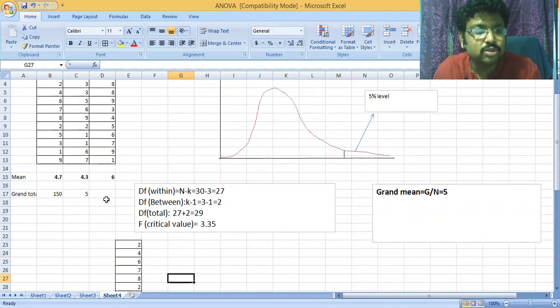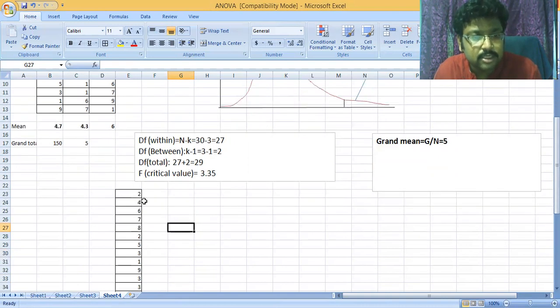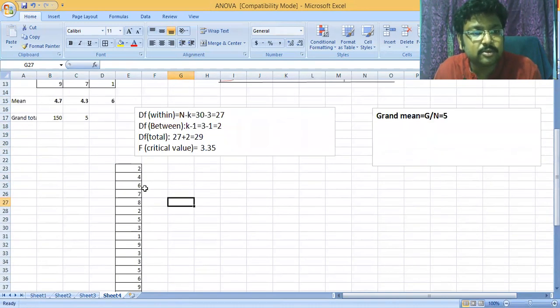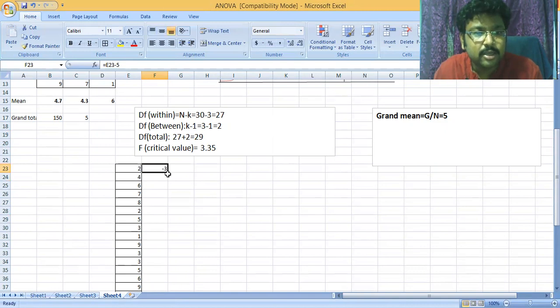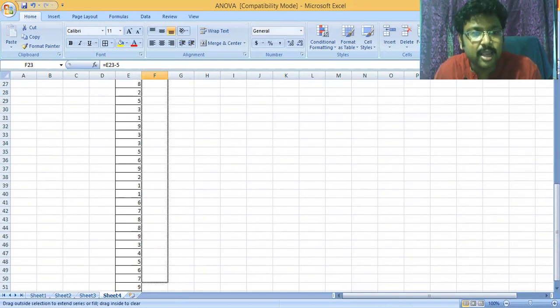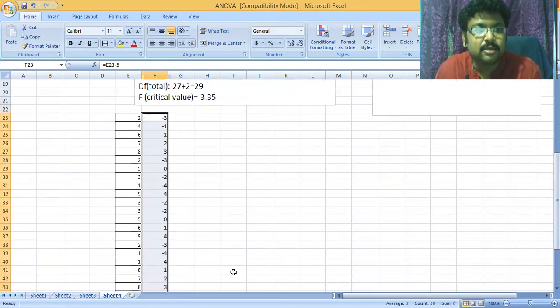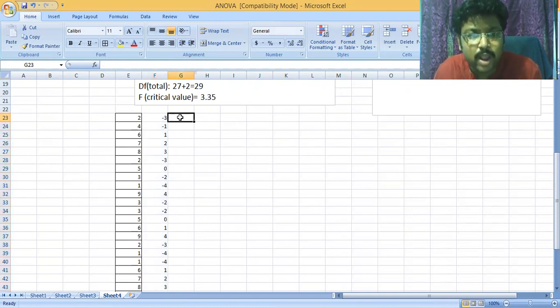At first we subtract the grand mean from each of these observations: this minus 5, the grand mean. If I drag it, I can calculate very easily, or you can do it manually in your exercise book. Now this is the difference from the mean.